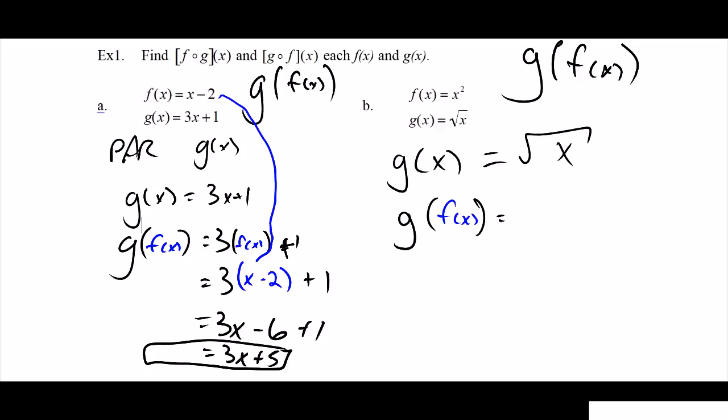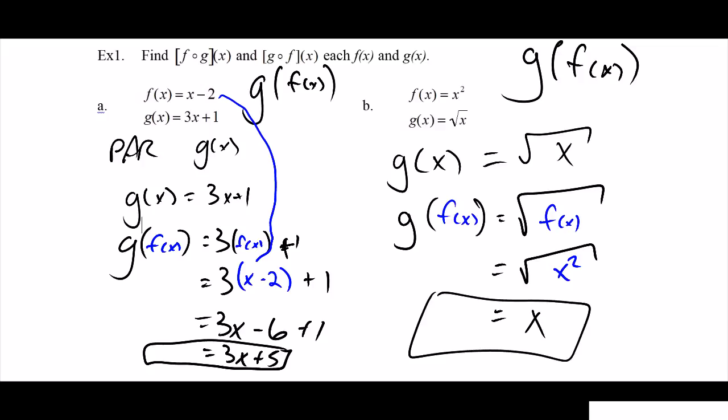Well, that's equal to our parent function, and every time we see an x, we replace it with an f of x. So square root, and what is our f of x equal to? It's equal to x squared. So the square root of x squared is x, and that's our answer.